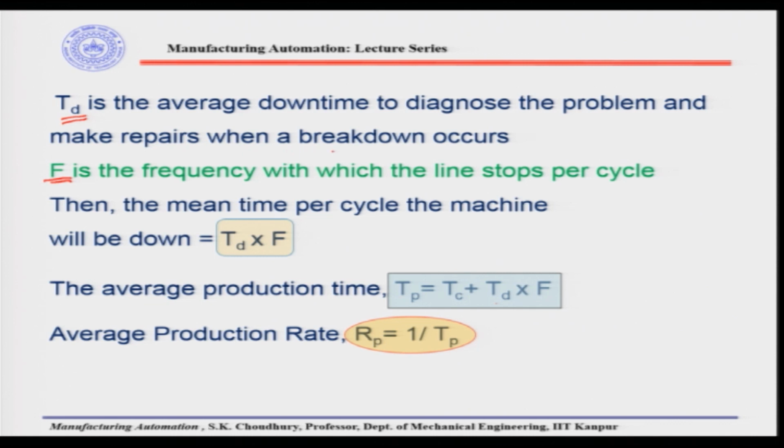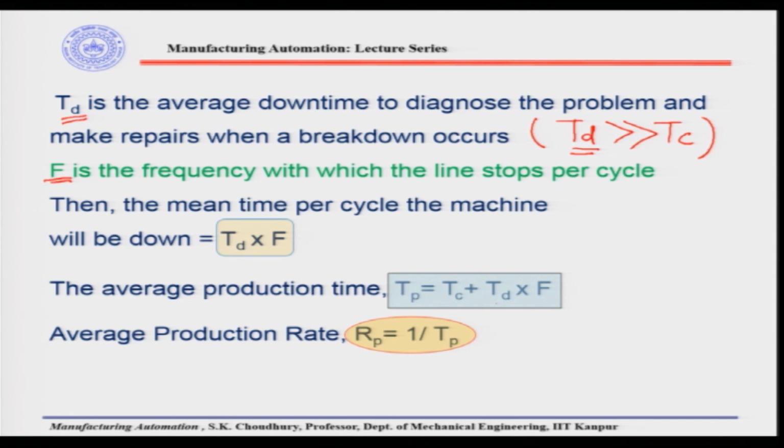Let me tell you that this Td is actually much more than the Tc. For example, if a processing time is about 10 seconds, the Td can be 5 minutes or 10 minutes depending on the type of the downtime.